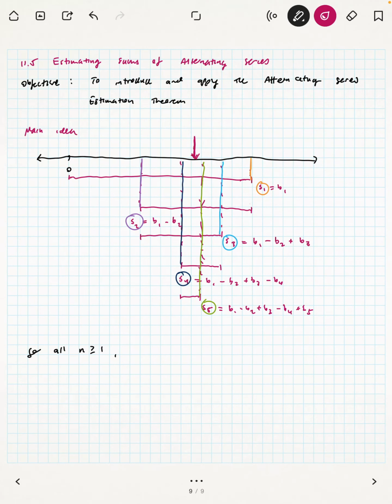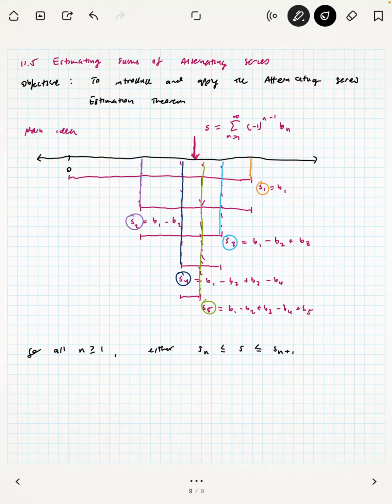So the actual sum of the series, S, which is what happens when we carry this out all the way to infinity, is somewhere in between each consecutive partial sum.